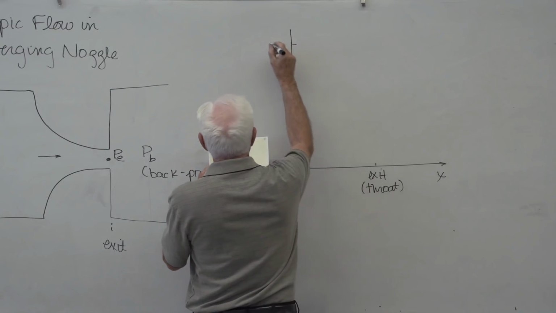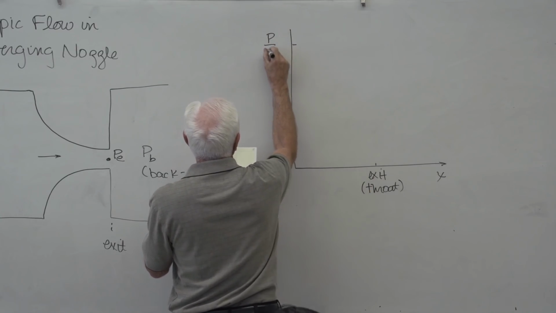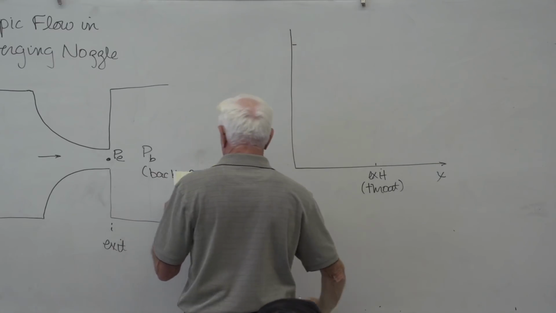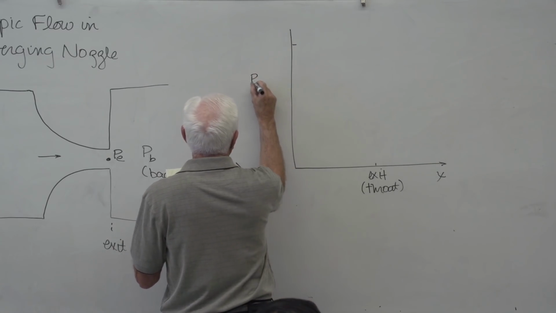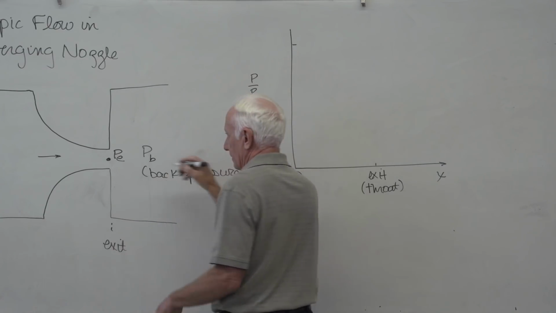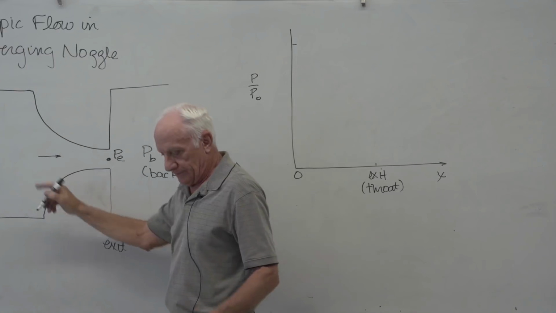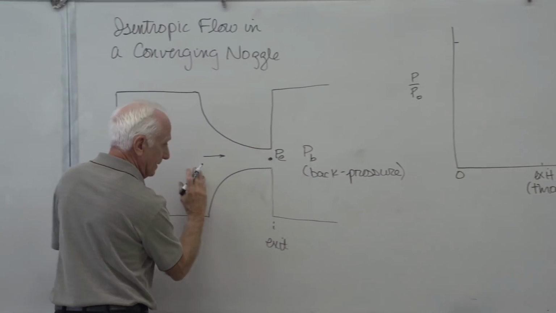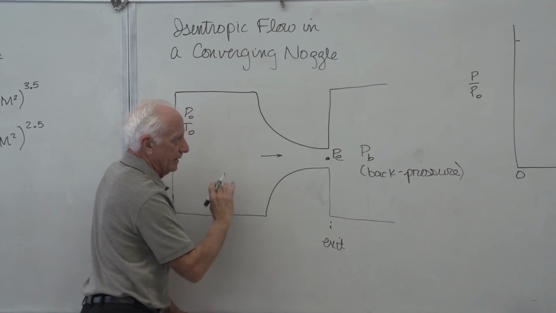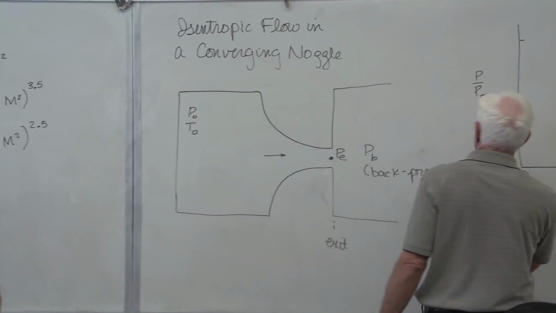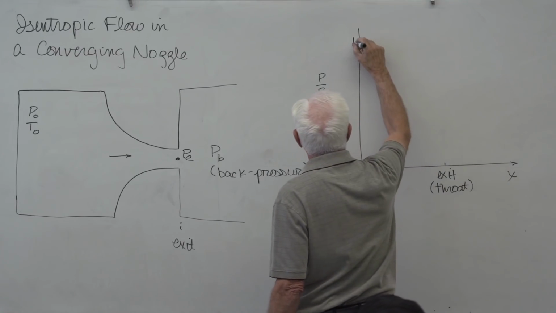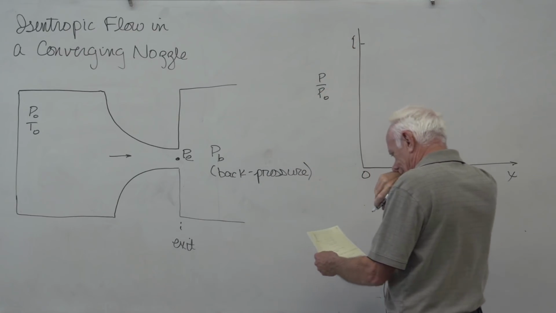This is P over P naught. When x is 0, we're in the reservoir. We're measuring x from where the reservoir ends here. X equals 0, reservoir conditions. What's the pressure in a reservoir? P naught. P naught divided by P naught is 1. All right, we start at 1.